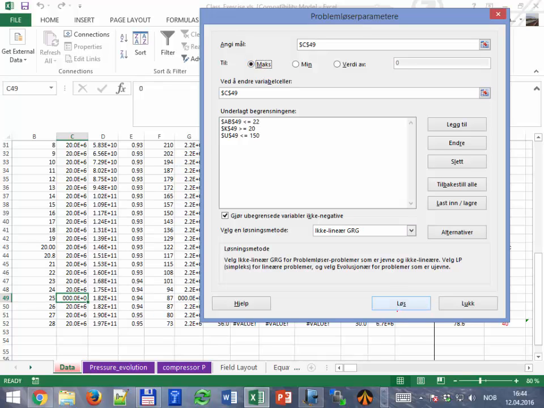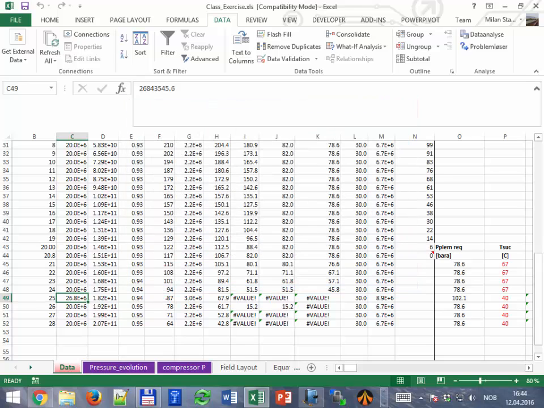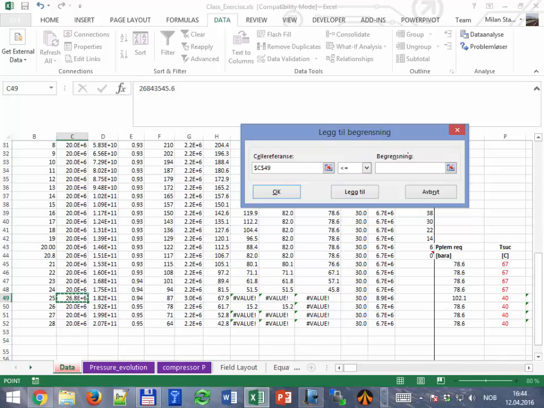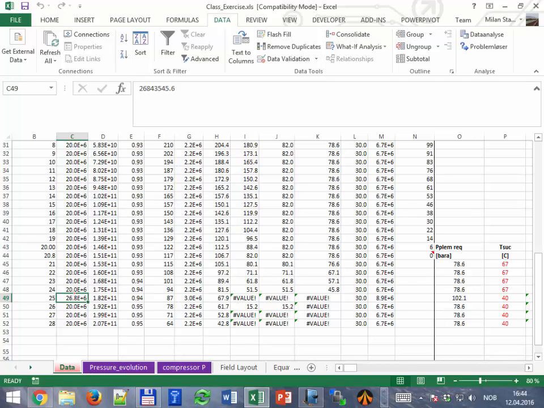Maximum, okay, not 0. Why did it increase? Oh, and it has to be less than 20, okay? We don't want to produce more than the plateau. So this value should be less or equal than 20e6. Yeah, and that's all. And for now I have to change back to what we had.